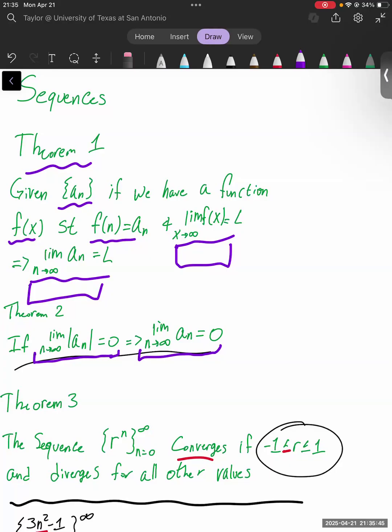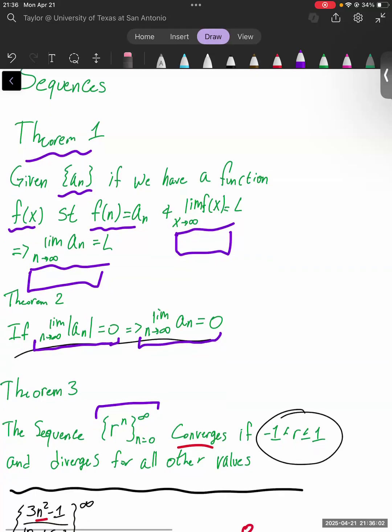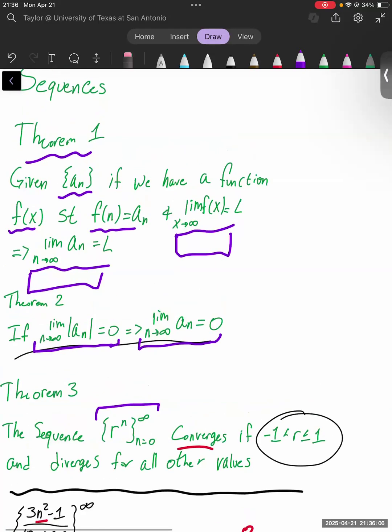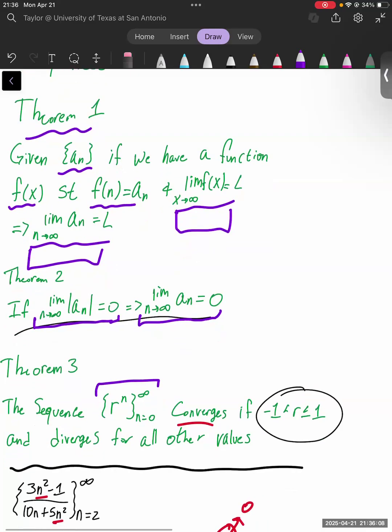So the sequence r to the n, where n goes from 0 to infinity, converges if r is strictly greater than -1, but less than or equal to 1, and diverges for all other values of r. So here is the first example.